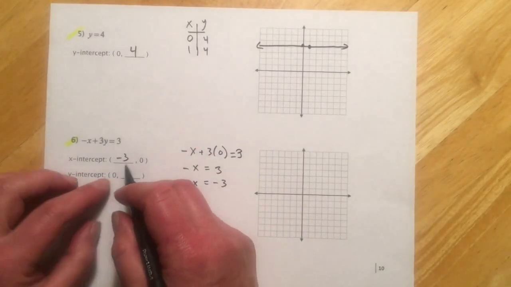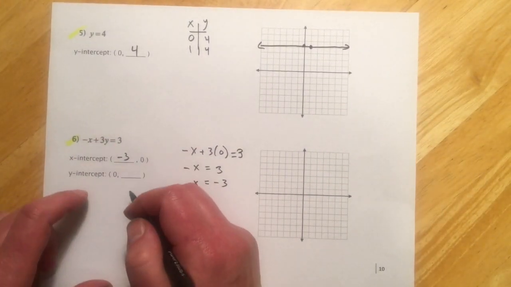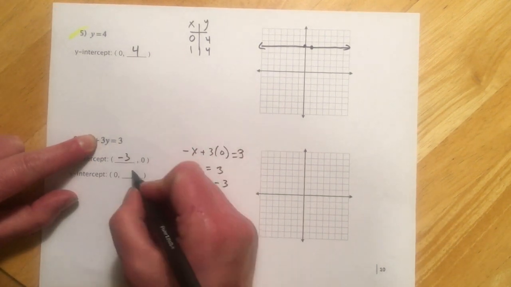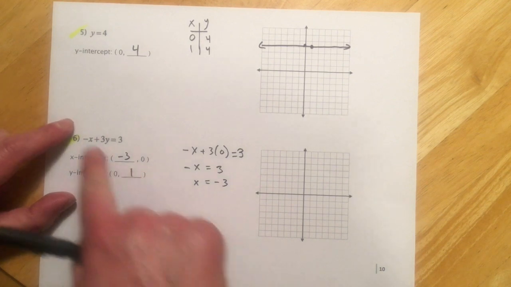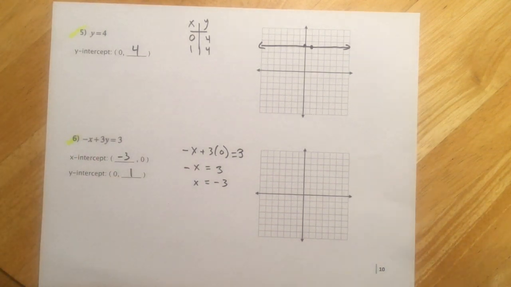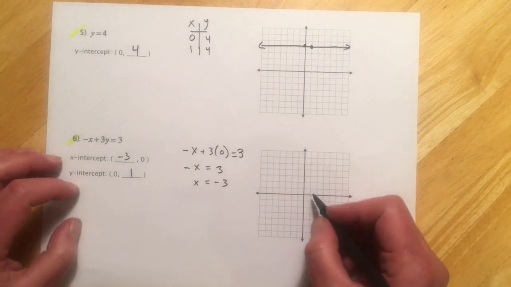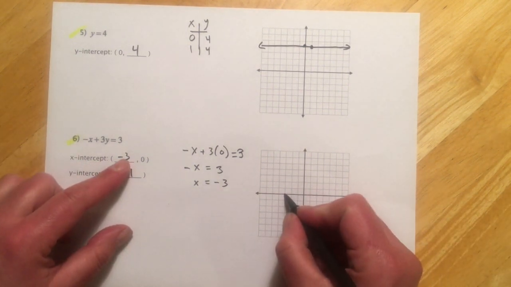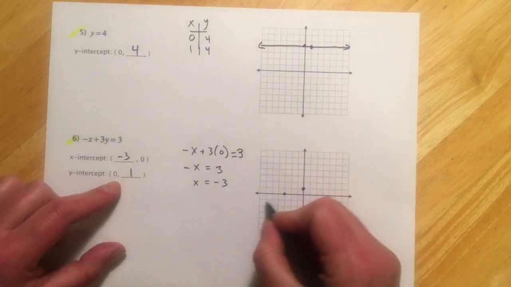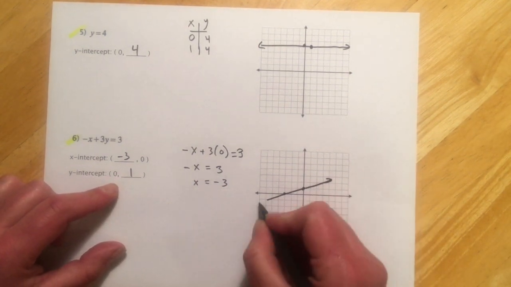And then if x is 0, then I'm left with 3y equals 3, and so then y equals 1. So you can see that's a pretty easy way to get that one graphed when the x and y are on the same side. So x is negative 3, y is 0, and when x is 0, y is 1. So it should be about like that.